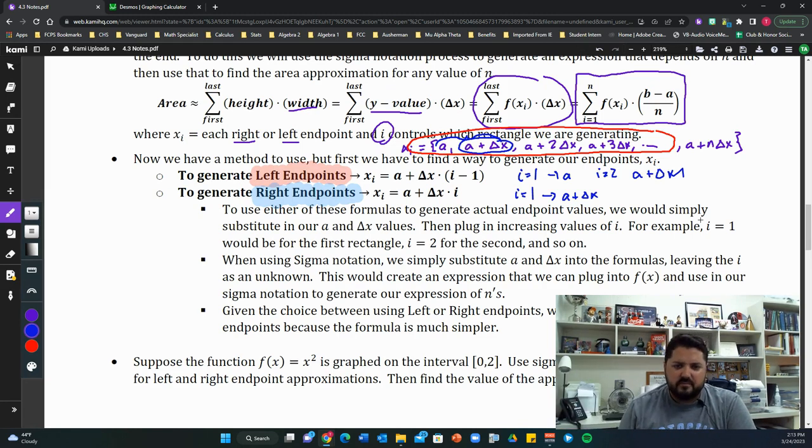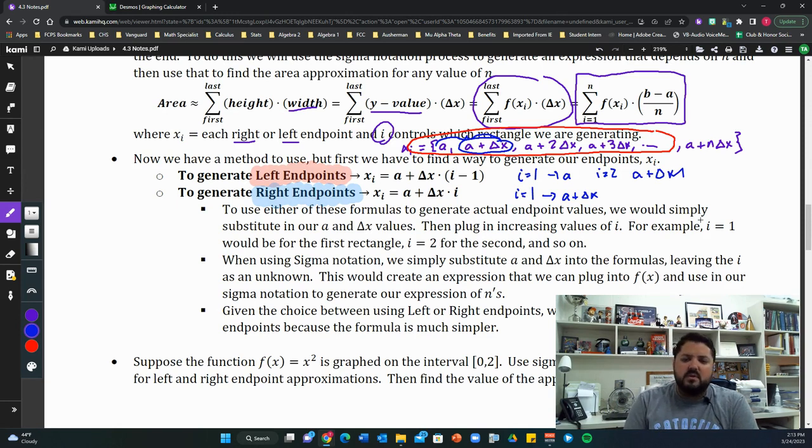So these formulas are important for us because we're going to have to use those in the function's equation. To use either of those formulas to actually generate endpoints, we'd just be plugging in the values for a and delta x. Then we just keep plugging in new values for i. But when we are doing this in a theoretical sense, we need to have these formulas so that we can actually plug these expressions into the actual function.